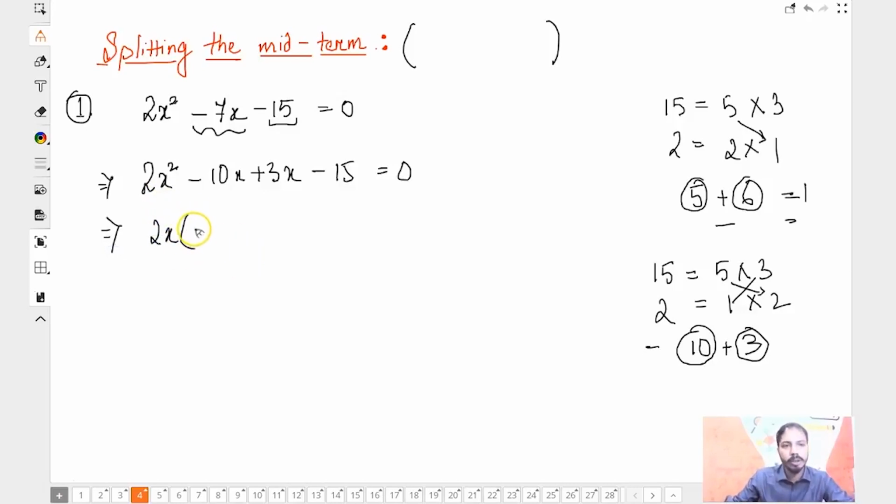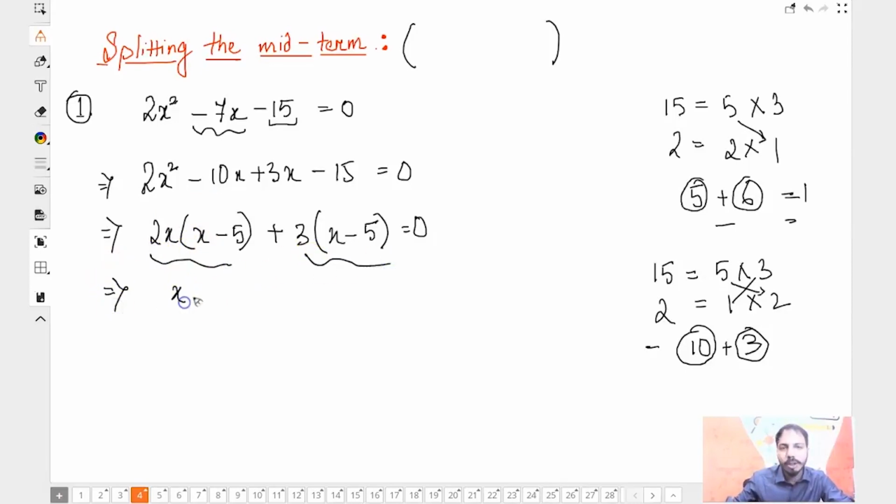Now let me take 2x common here. If I take 2x common, I get x minus 5. Similarly here, let me take 3 common. If I take 3 common, I get x minus 5, equal to 0. Now from these two terms, I can take x minus 5 common, and I will get 2x plus 3 equal to 0.